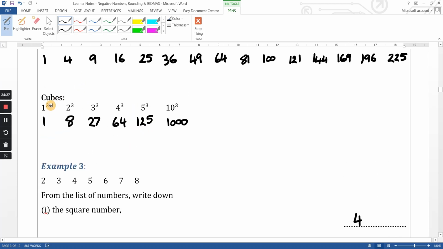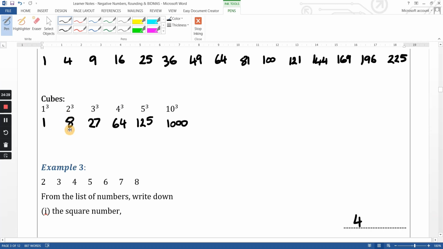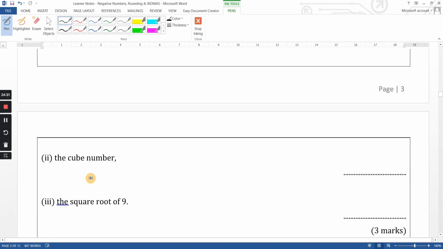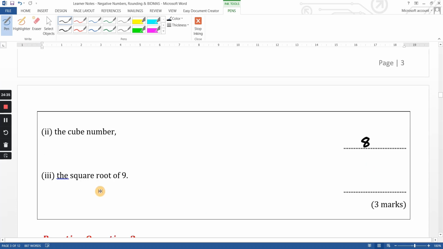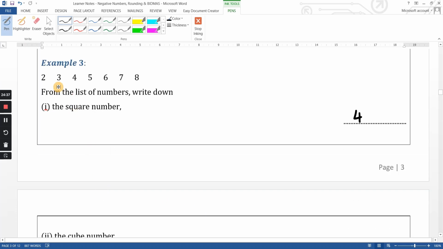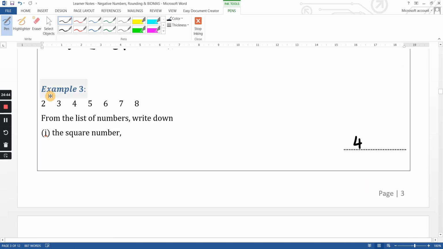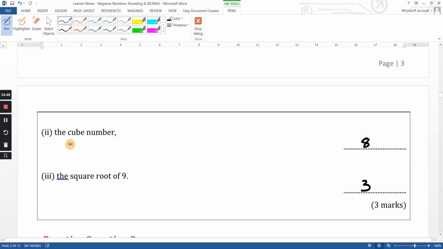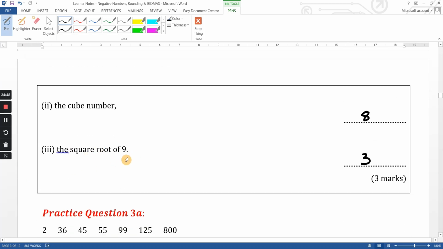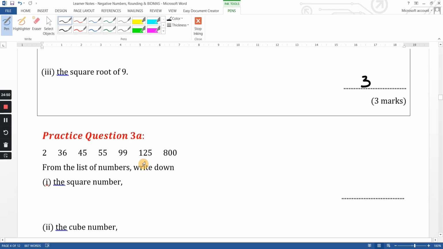As you can see in my cubes, 8 is in there, definitely. So that's my cube number. And the square root of 9, well, we should know that. The square root of 9 is 3, which is in my list as well, obviously.